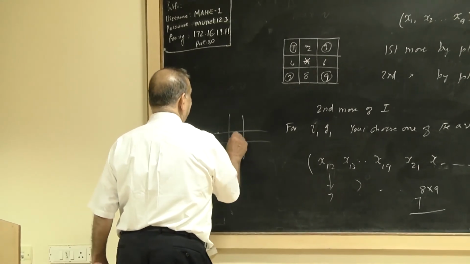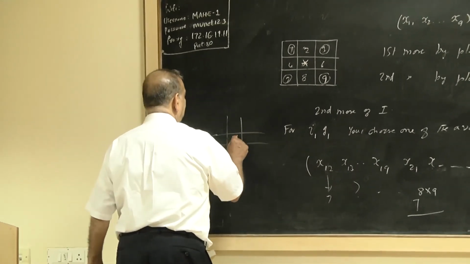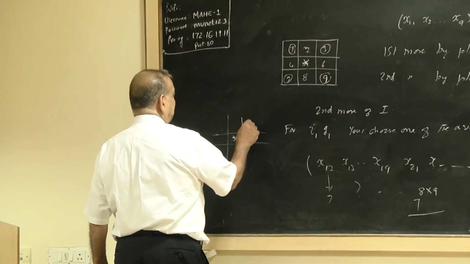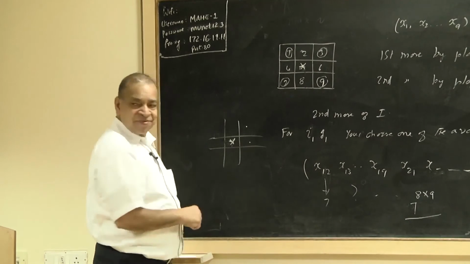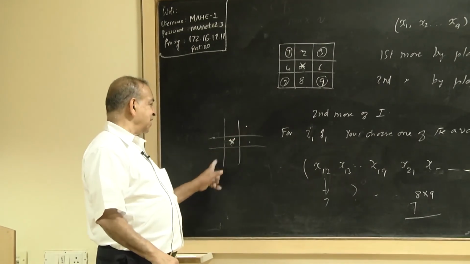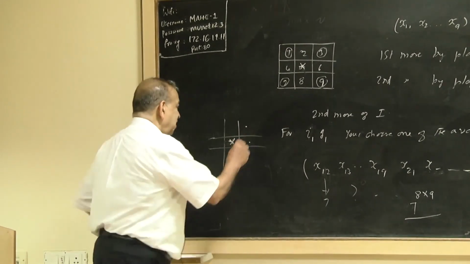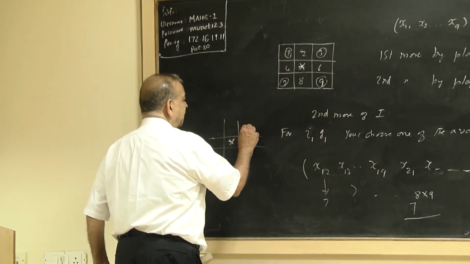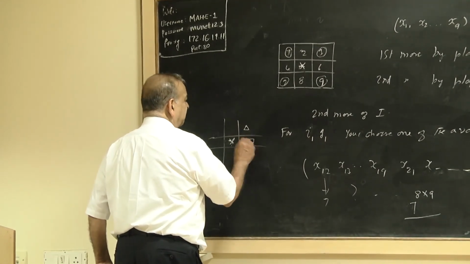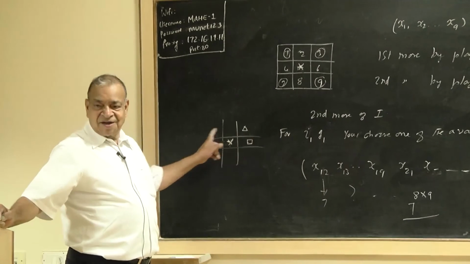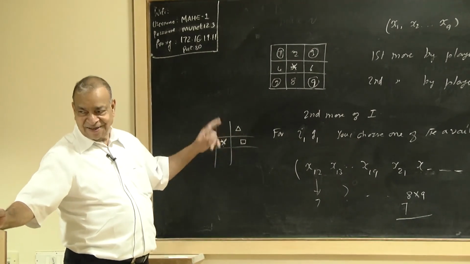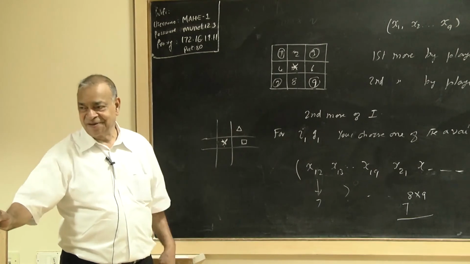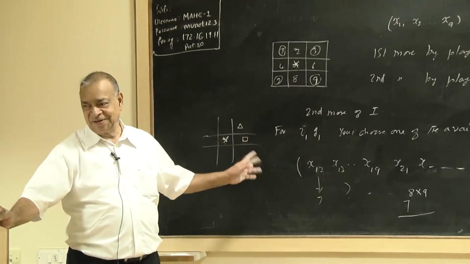Either you put on this side or on this side. Either you put here or here or here. This is a special type, one of the corners. This is something inside. Either corner or inside. So that's the kind of symmetry. That's how we play the game actually.